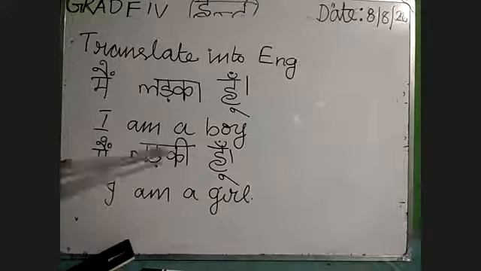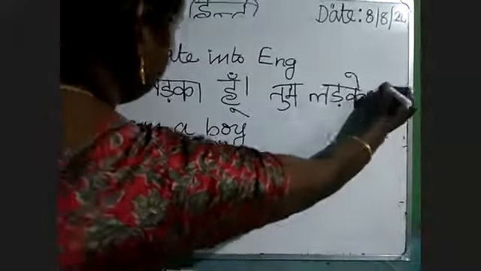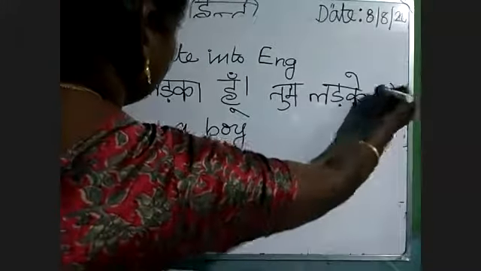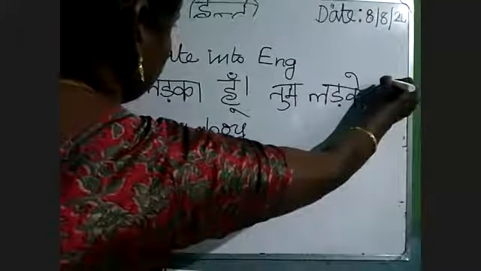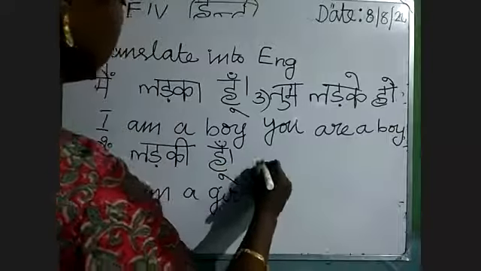Like that. Translation: "Tum ladke ho." That means you are a boy.